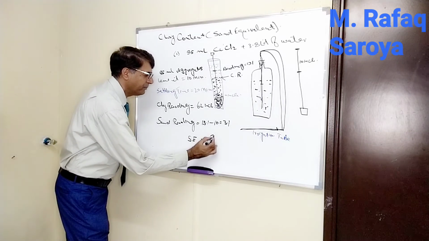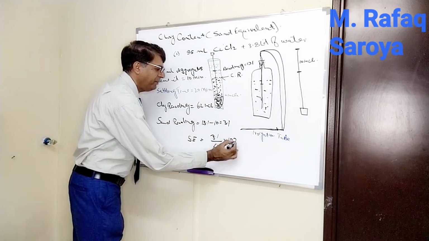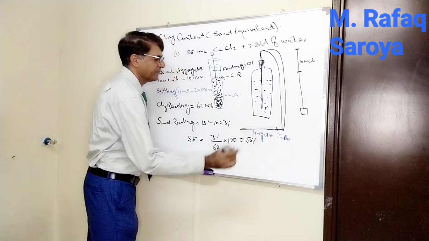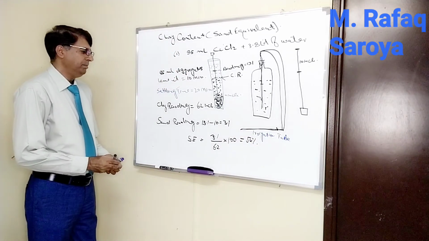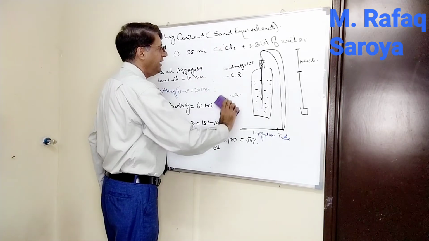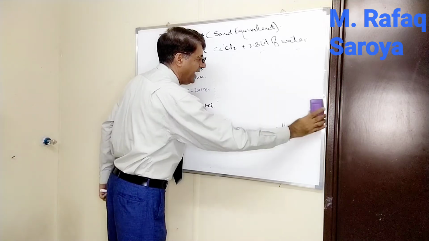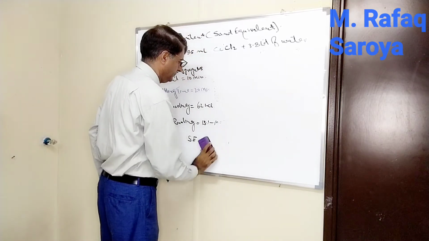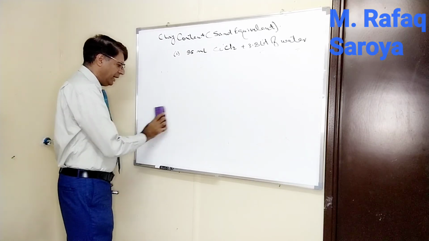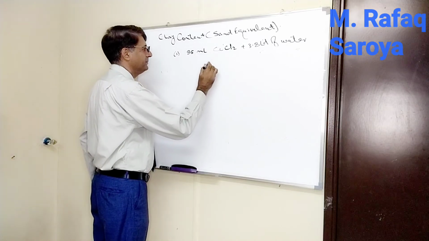It would be 3.1 divided by 6.2, times 100. When I make the calculation, its value comes out to be 50%. But my specification says that, as per my traffic level, I need this material to have a value of 45%.